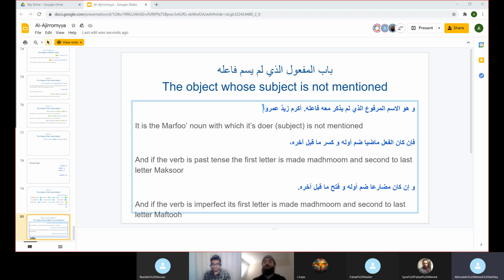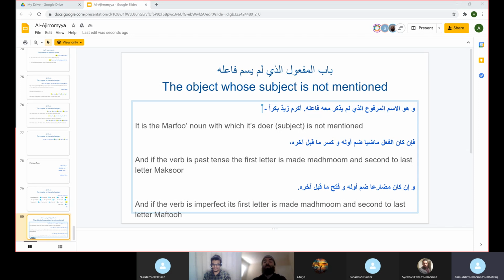Or let me use a different name: Akrama Zaidun Bakran, because Zaid hits Amr. He doesn't... he is not generous to him. Just to be consistent with the theme of our examples: Akrama Zaidun Bakran. Right here.